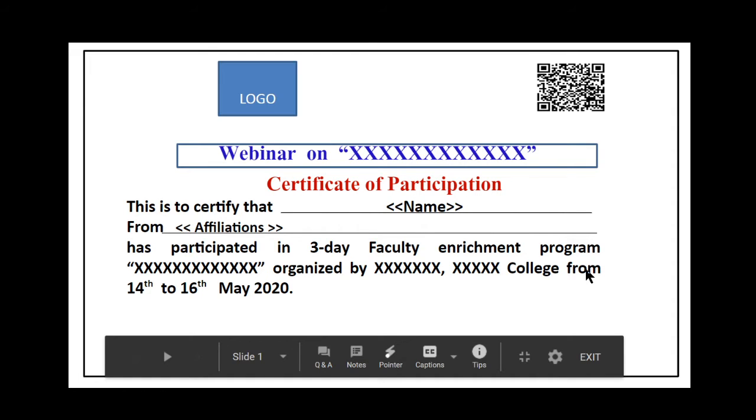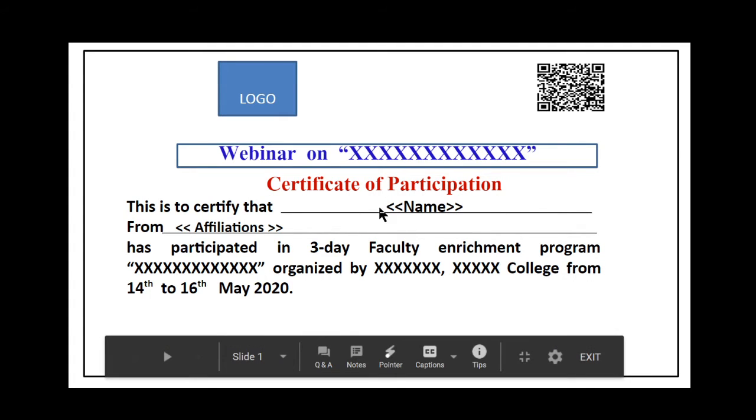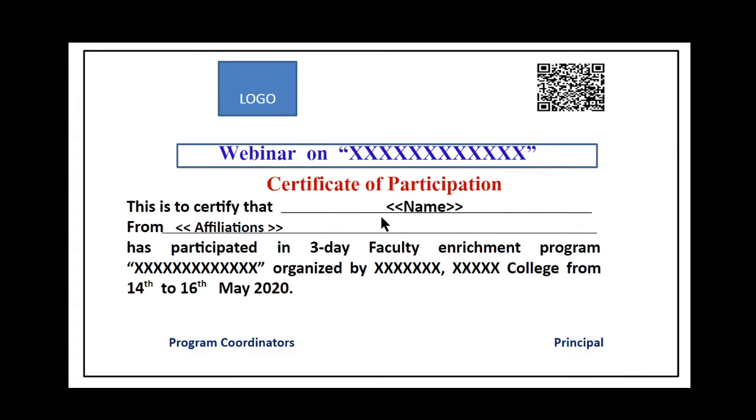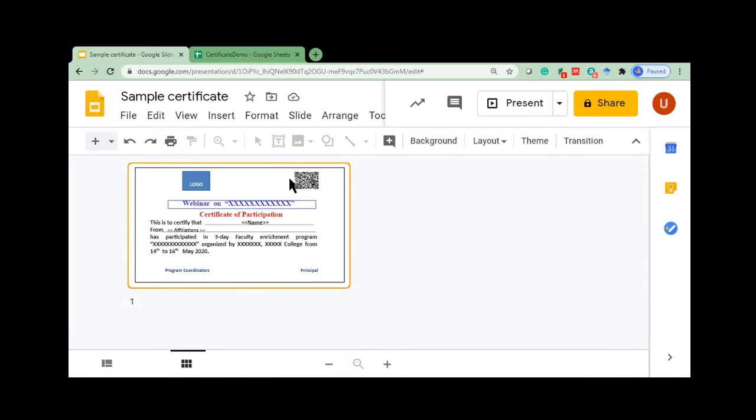In the certificate, let's say the tags which are required are name and affiliations, which are stored in the Excel sheet. So the name has to be written in angle brackets and affiliations has to be written in angle brackets. Next, let's look at how to automate it.